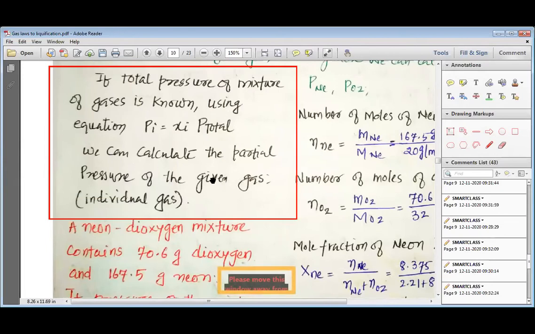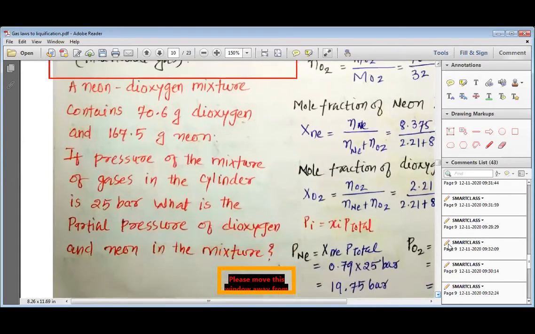We can calculate the partial pressure of the given gas, or the partial pressure of the individual gas. Now let us study one example by solving one problem, whatever theory we have studied. Let me read the question for you.